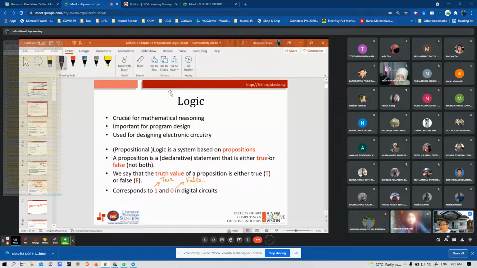Okay, and then logic. What is logic? Basically, when we talk about logic in mathematics, it describes the logical or mathematical reasoning in mathematics. It is also important for program design.